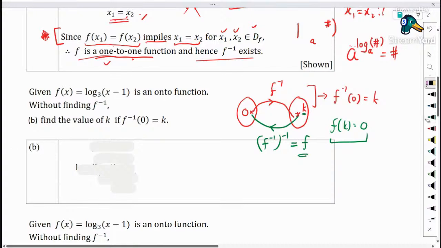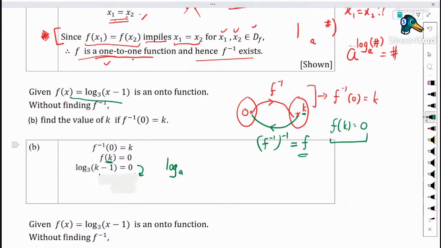So therefore, I will have f inverse of 0 equals k, and this is also equivalent to f(k) equals 0. Now what you need to do is substitute k into the function f(x). From here to the next slide, apply the idea of how you change a log equation to an index equation: the base of the log becomes the base of the indices, and the other side becomes the power.